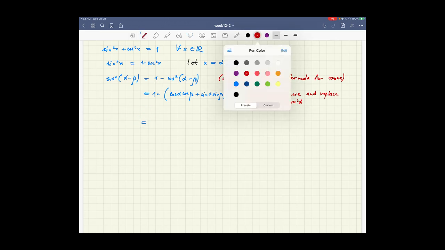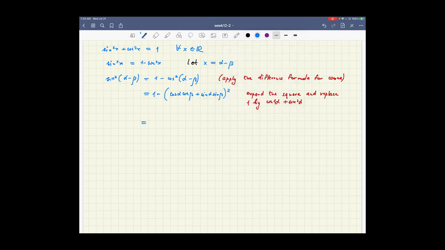So that'll be cosine squared plus sine squared, that is 1, of alpha, minus this thing squared. So square of the first guy, cosine alpha, cosine beta, both squared.